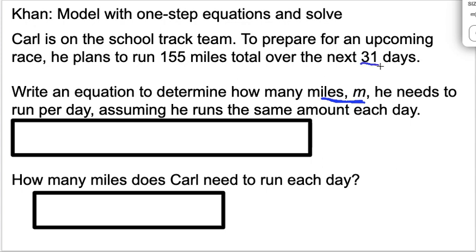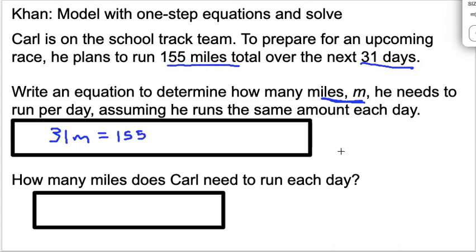We know he's going to be running for 31 days, and we know he's going to run a total of 155 miles. So our equation we would have is the number of days times how many miles he runs each day, which would be m. That equals the total miles he's going to get, which is 155.